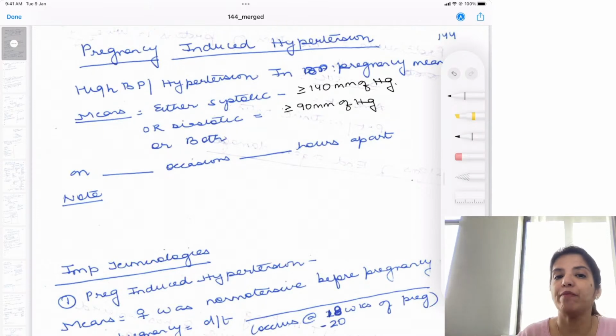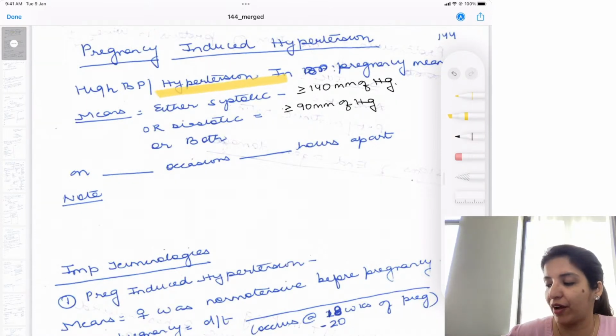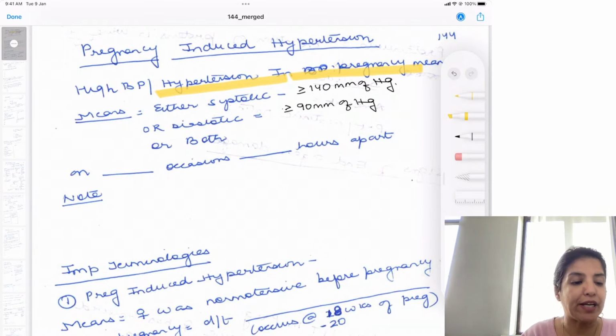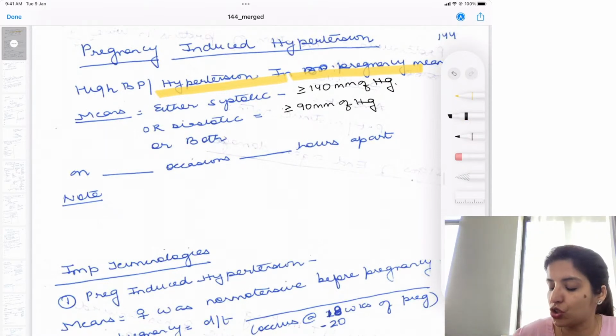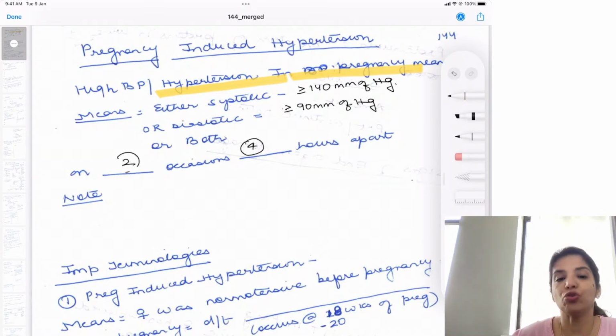Ravi Shankar, I am only talking about hypertension in pregnancy. I am not talking about pregnancy-induced hypertension just now. I am asking you to tell me what hypertension in pregnancy is defined as. So hypertension in pregnancy is defined as systolic BP more than equal to 140 or diastolic BP more than equal to 90 or both, and this should be present on two occasions, 4 hours apart.